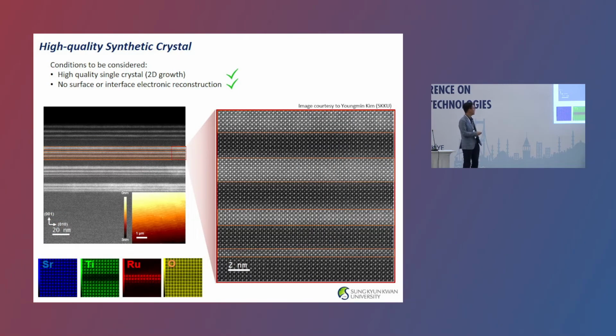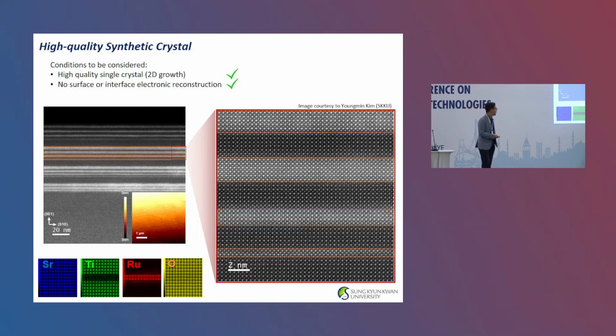This was the first image that I showed you, and this is a larger-scale, focused image. This TEM was done by Professor Young-Min Kim at our university. You can see 6 layers of strontium ruthenate separated by, in this case, 6 layers of strontium titanate. This is 4 unit cells and this is 2 unit cells. You can see slight intermixing of the ruthenate layer, probably because of the step structure of the substrate.